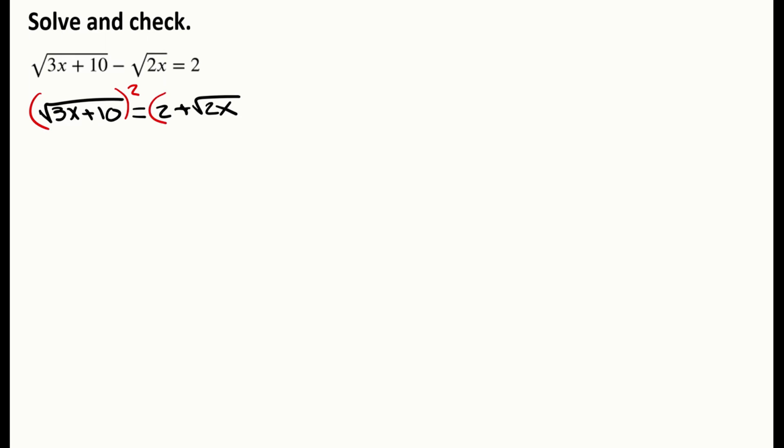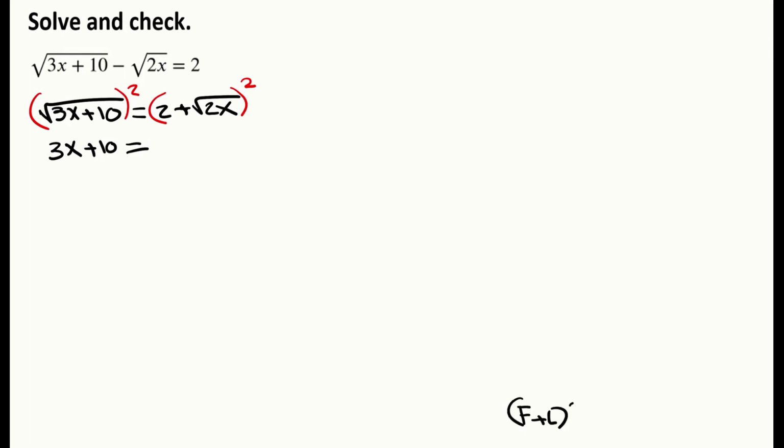It's definitely a great idea to try to see if you can do it on your own before you continue. Okay, and now on the left side we have 3x plus 10. And on the right side, we know that we need to be careful because that's a sum being squared. So this time, to give you different kinds of practice, I would like us to go ahead and use this formula.